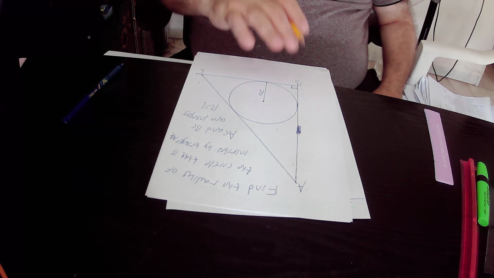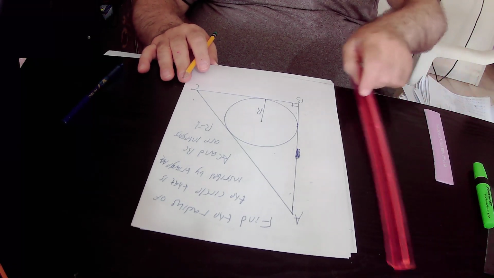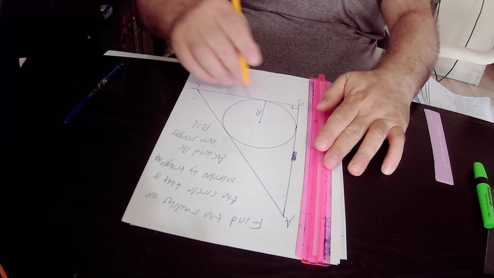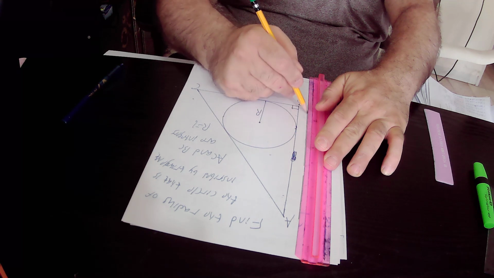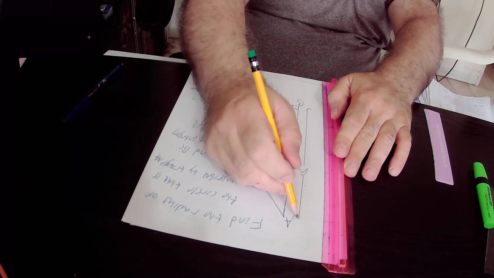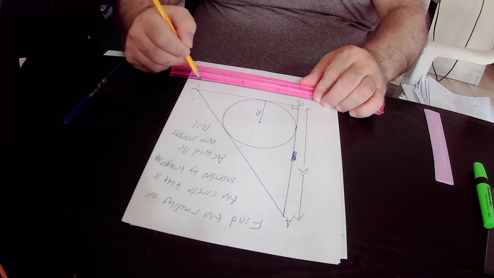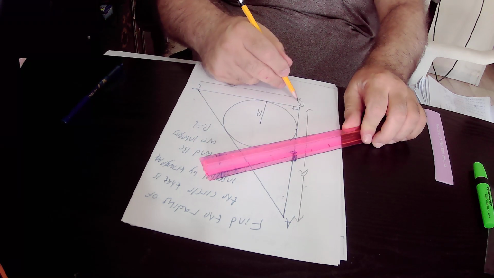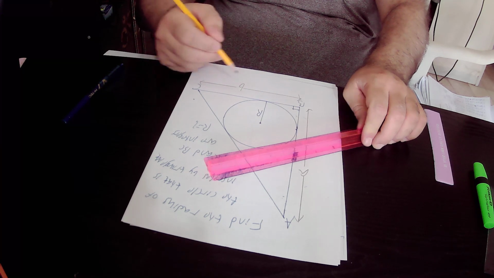So this is triangle ABC that could be any right triangle. We define side AB as A. Side AB equals A units according to our definition. We will define side BC as B. Side BC equals B units according to our definition.